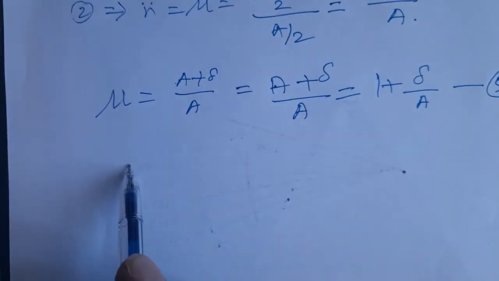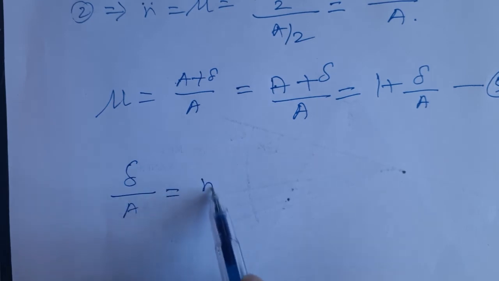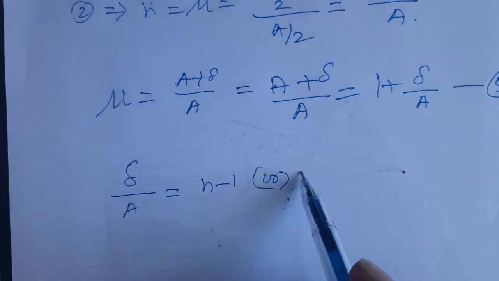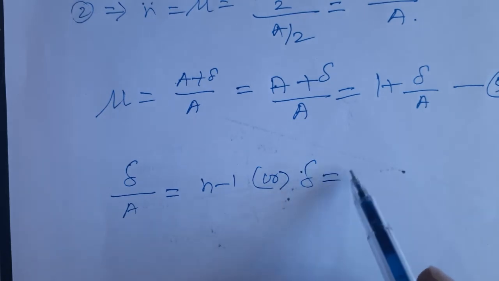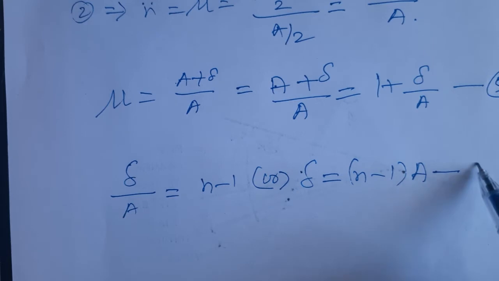Further simplification gives delta by A equal to n minus 1, or delta equal to (n minus 1) into A. Take it as equation number 6.